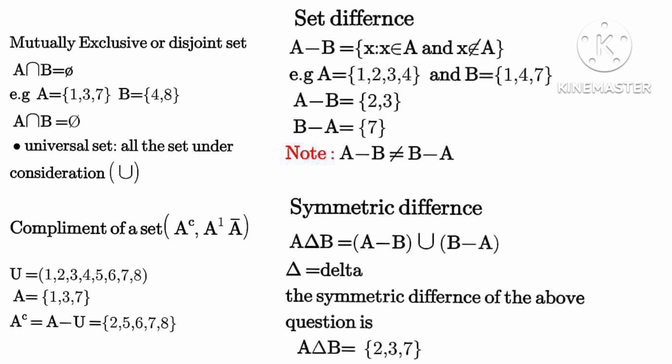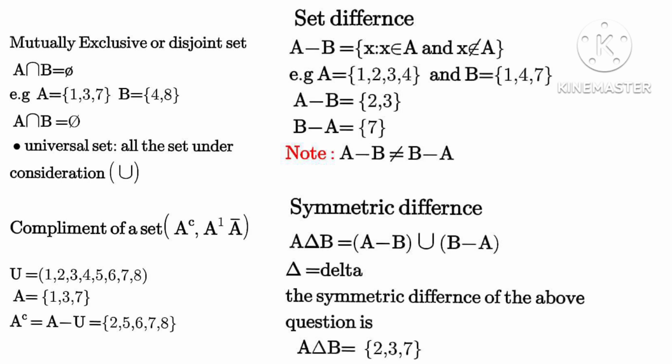So that's set difference. Now symmetric difference, know that set difference is not commutative. That is, A minus B is not equal to B minus A. Now symmetric difference is the union of set differences, where that symbol represents delta.